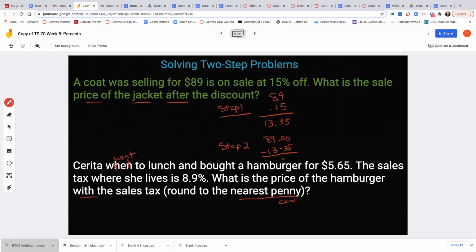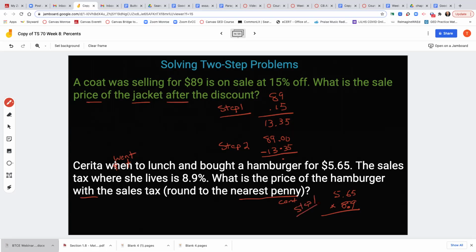So what I'd have to do is 5.65 is the cost, times 8.9. I'm going to do that math. That's step one.